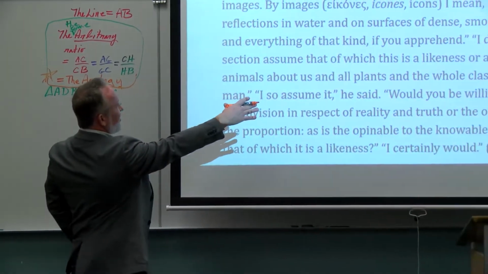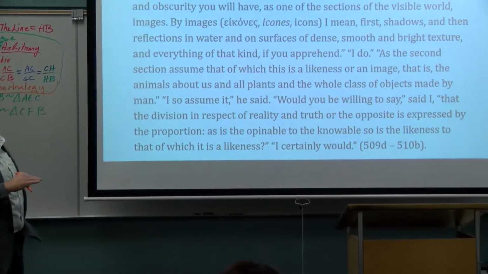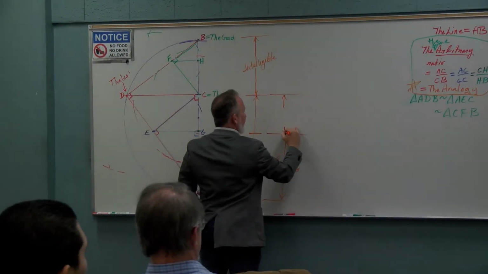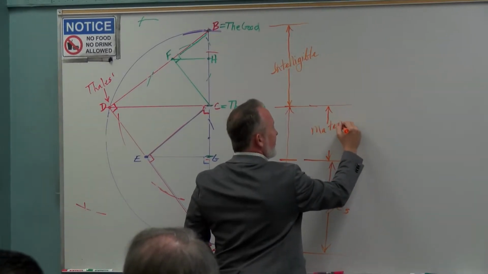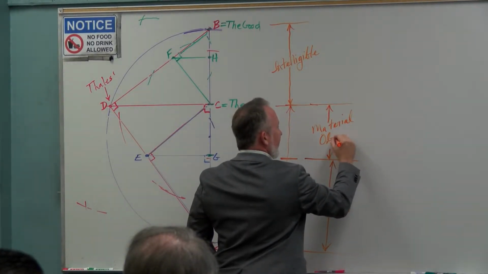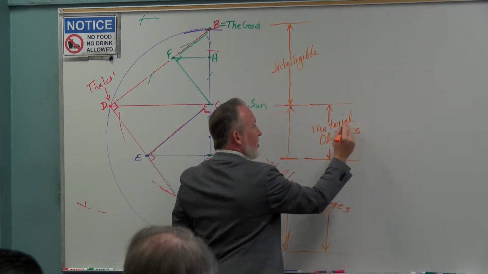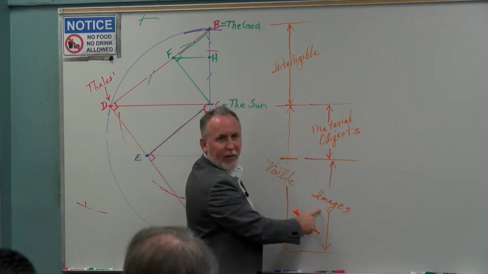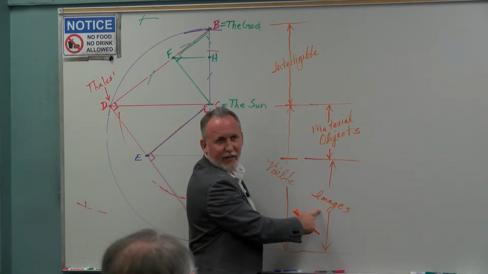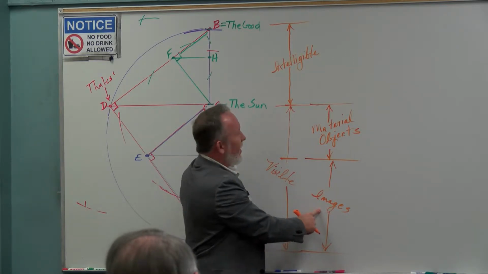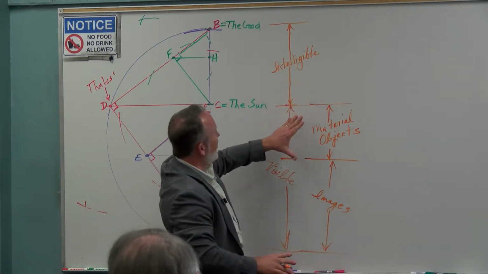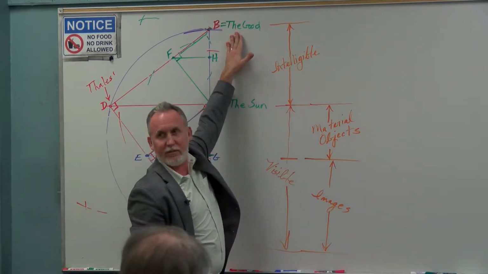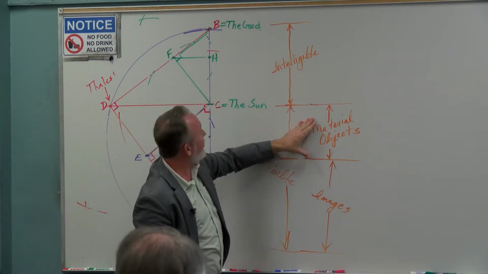And as the second section, we're going to assume that of which this is a likeness or image. So here we're going to have the material objects. So we have the trees and the mountains, and then we have their images reflected on the surface of the lake. And something now to start noticing is that the images are furthest away from the good. Material objects are closer to the good.